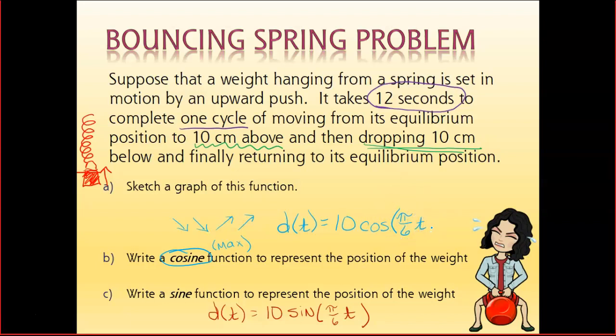This time I have a phase shift. I just said my phase shift gives me a C value of negative pi over 2. And my D value is still 0, so I don't have to change that. Hey, that's kind of nifty. Kind of fun. I like this.